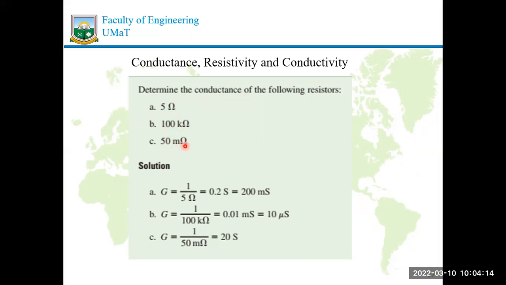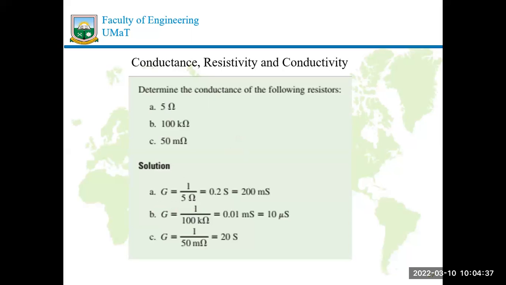And as you remember, conductance is just the inverse of a resistor. So that means that to calculate the conductance, whose unit is Siemens, we just need to take the inverse of each of these values.